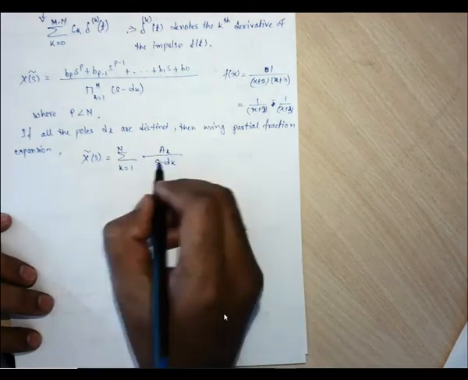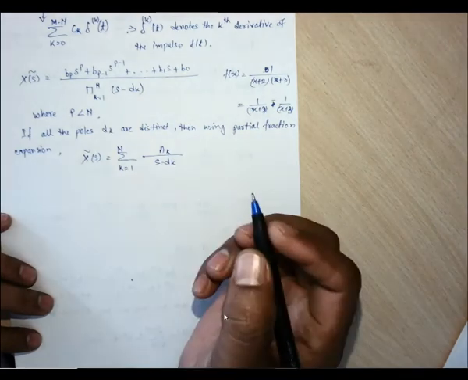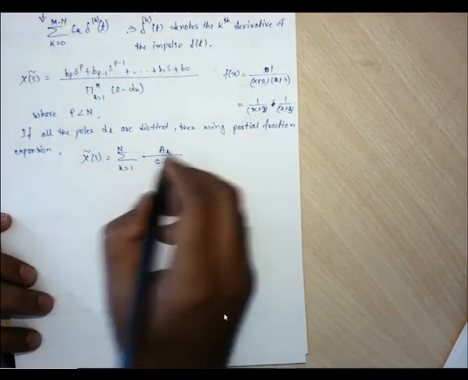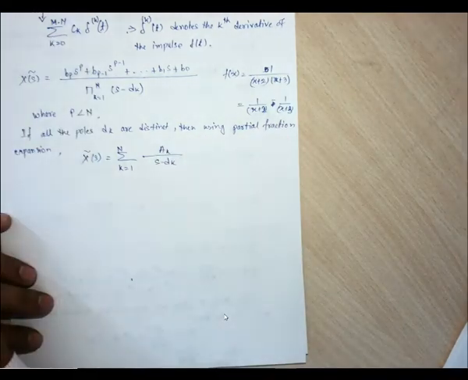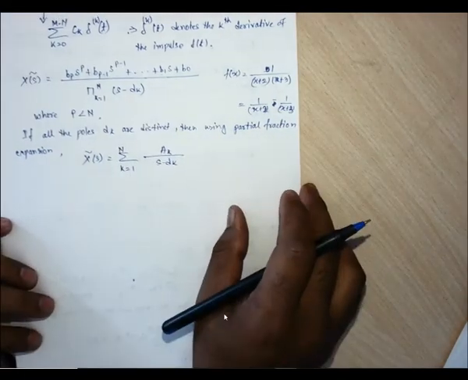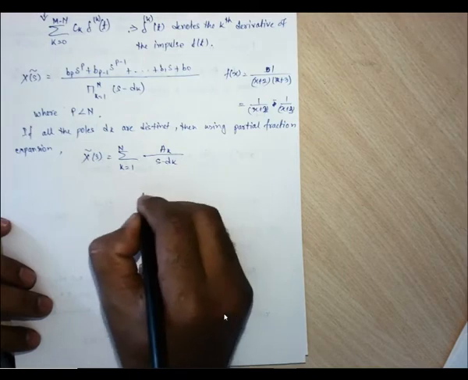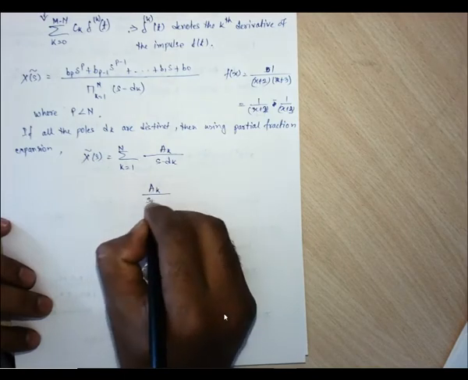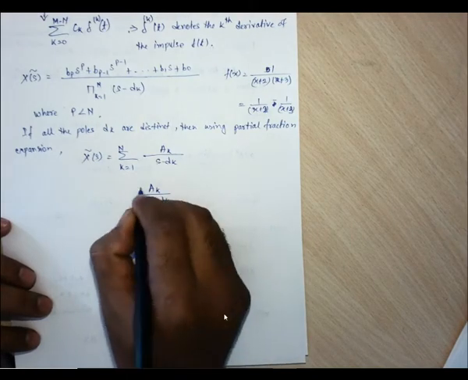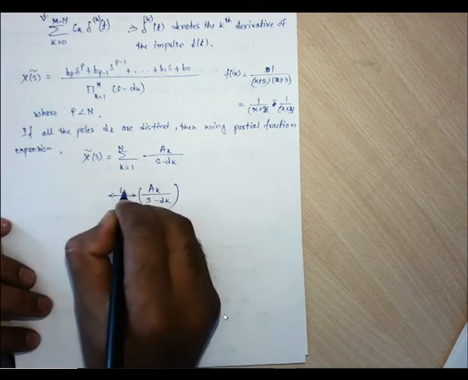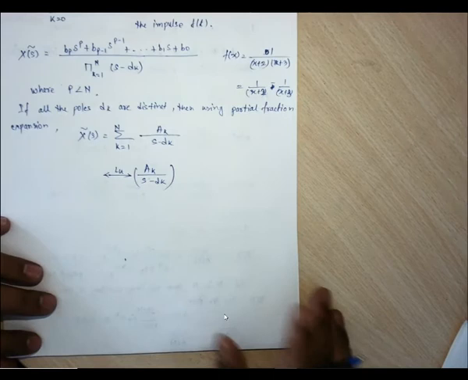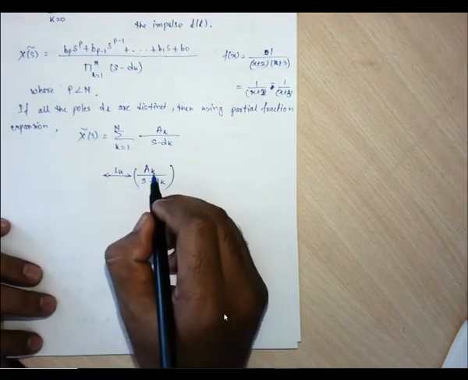If we take this as our Laplace transform, we need to find the inverse, that is the time domain signal. So if we take the inverse Laplace transform of this, let us consider the unilateral one. If you can remember, this constant will come.